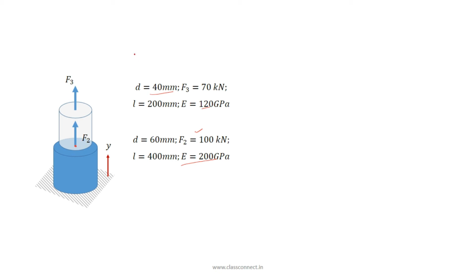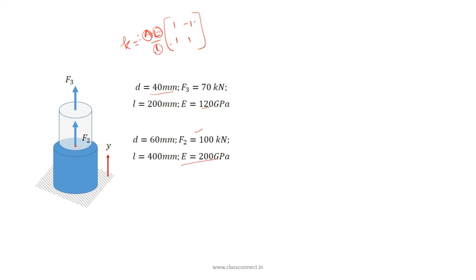Here, element property, if you remember our stiffness matrix K, that was A E by L, times [1 -1; -1 1]. So it means wherever area is changing or the modulus of elasticity is changing, we have to take an element.